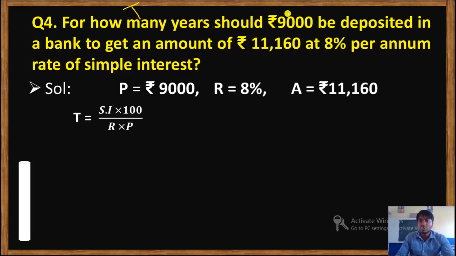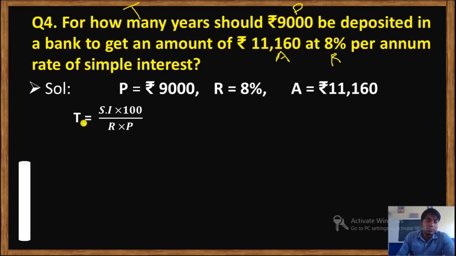Rupees 9,000 deposited means this is principal. To get an amount of rupees this much, so this is amount. At 8%, this is the rate. So we have principal, rate and amount, and we have to find time.